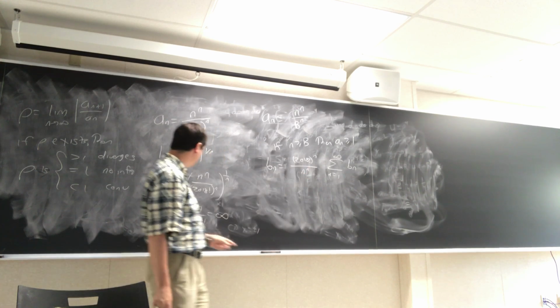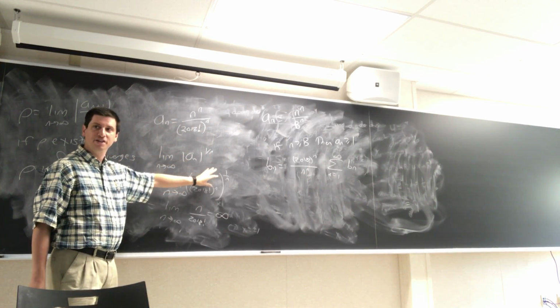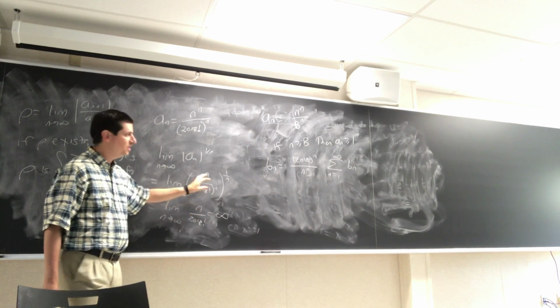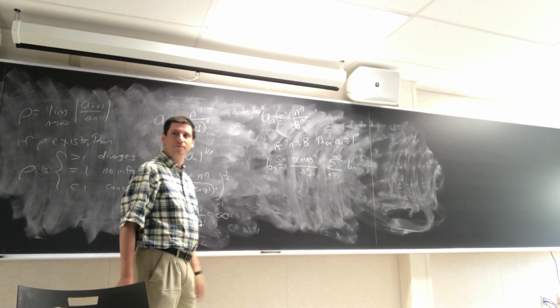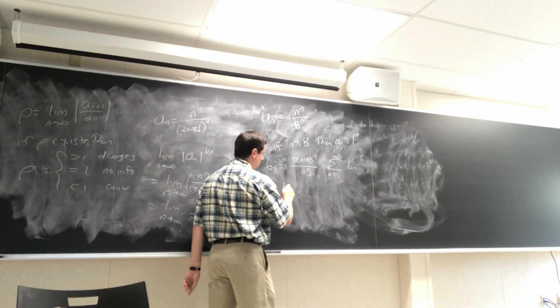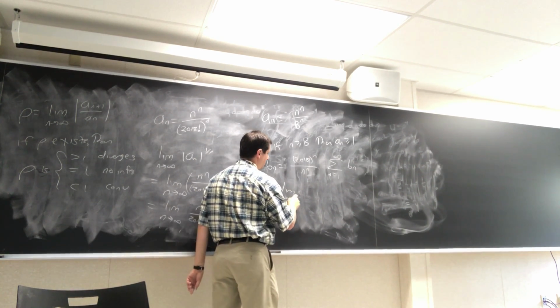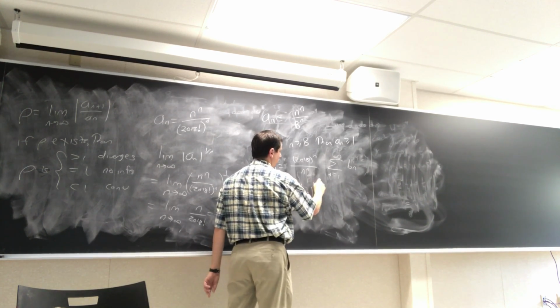We actually just calculated that n to the n over 2018 factorial to the n, taking the nth root of that, goes to infinity. This is the reciprocal. So if we do the root test, what would be the limit as n goes to infinity of b_n to the 1 over n?